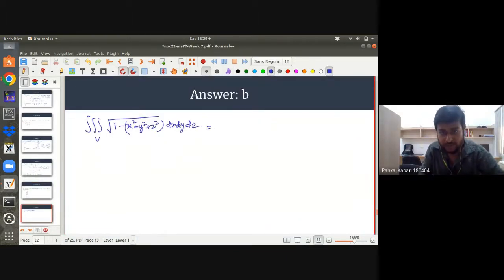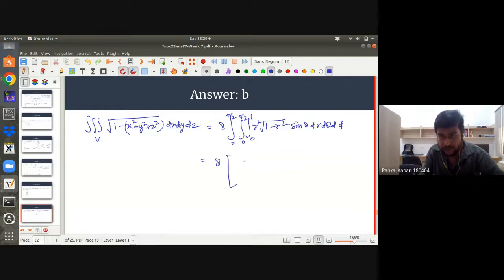So let's change it to 8 times the integral of 1 minus r square, sine theta dr d theta d phi. R varies from 0 to 1, theta varies from 0 to pi by 2, and phi also varies from 0 to pi by 2. Again, we write this integral as a product of three integrals.